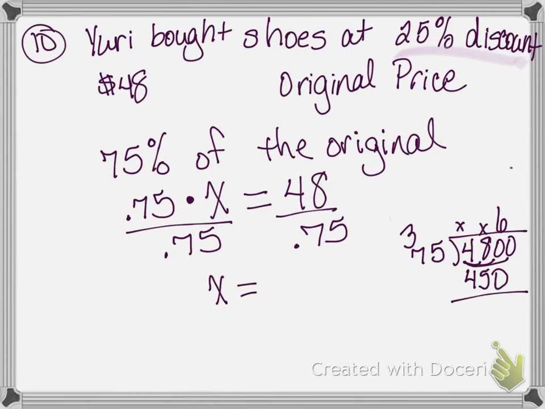Okay, so now that did work, so I can subtract that. Okay, I bring down my 0. How many times does 75 go into 300? 4. Okay, so the amount Yuri paid for the shoes is $64.